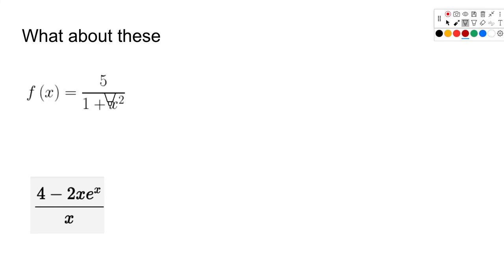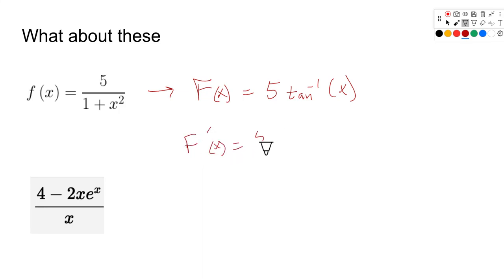But what about this 5? It's just a multiplier, right? So we could say it's probably 5 arctangent, or inverse tangent if you want, of just x. And then you could try, okay, let's take this derivative. That's going to give us 5.